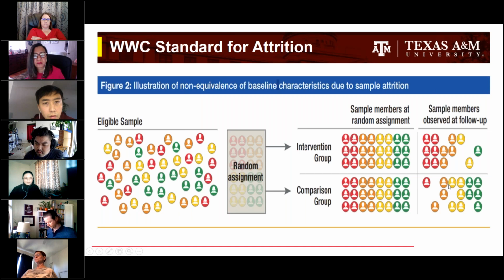It is because the attrition caused the participants in the intervention group to differ from the comparison group. So we can say that the observed effect of the intervention is biased. Some differences in outcomes result from the differences between the intervention and comparison groups due to attrition.